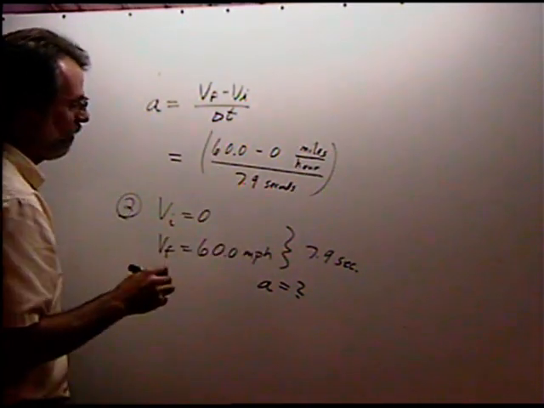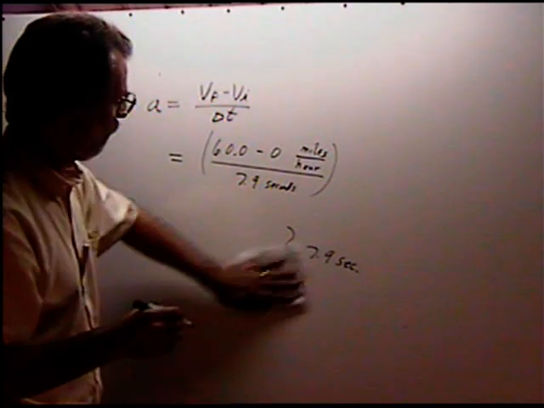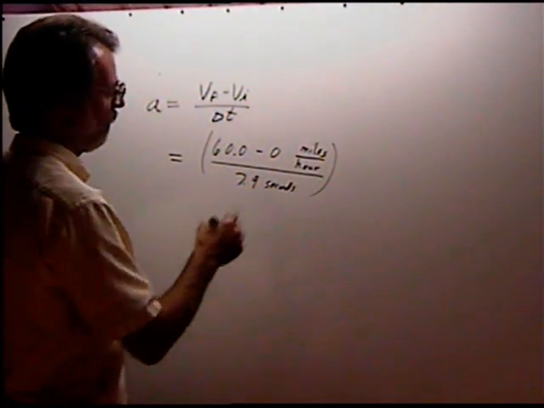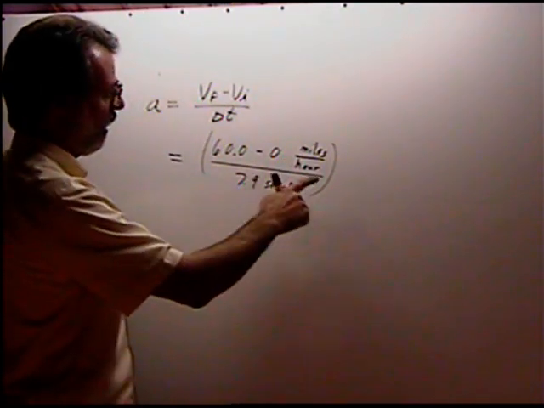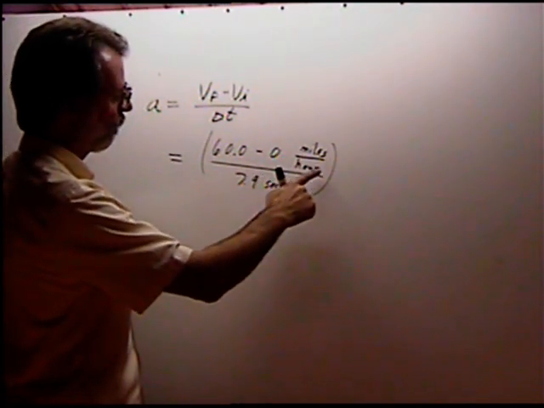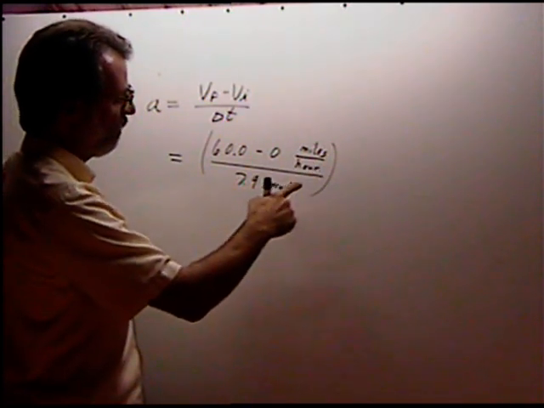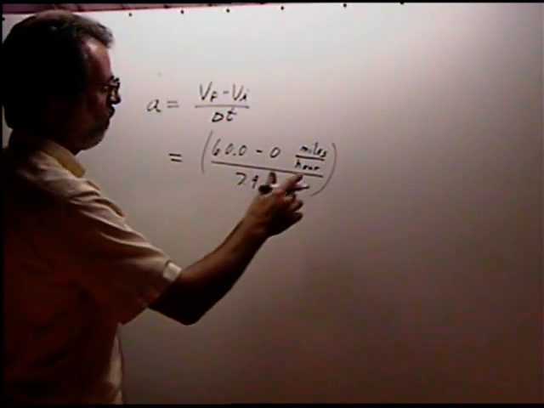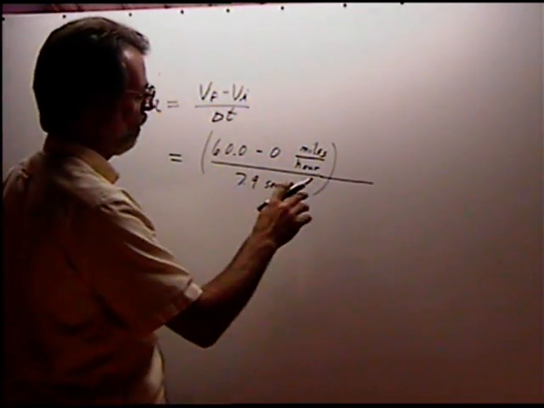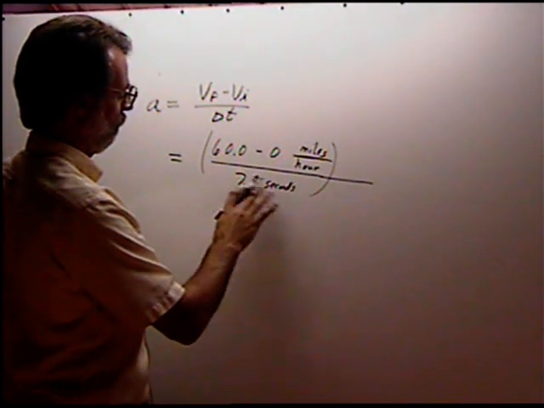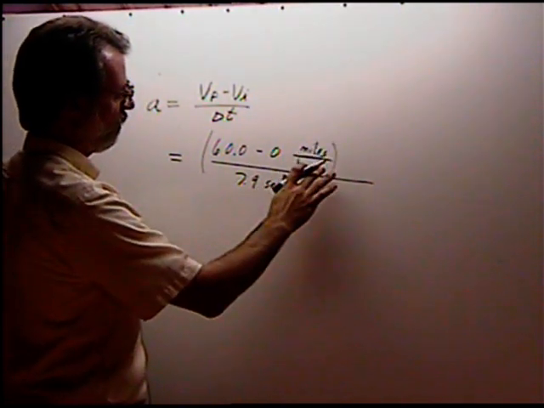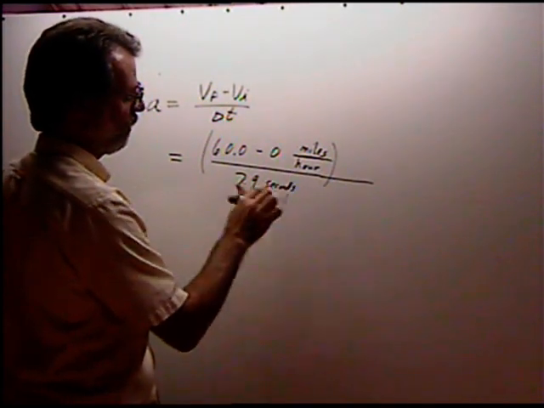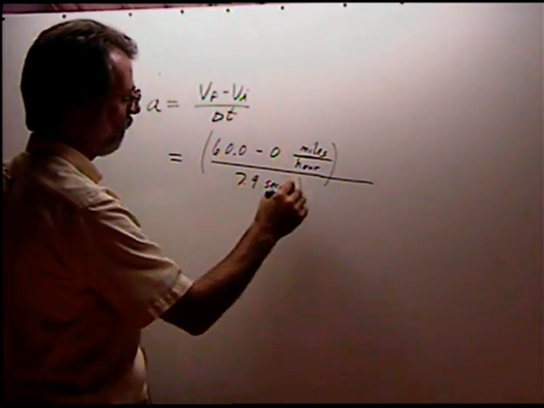You could leave it like this, but the answer doesn't tell you what units you want it in. What I would tend to do would be to leave it in miles per hour. I would convert seconds to hours.